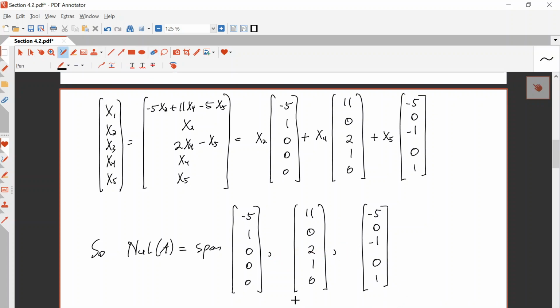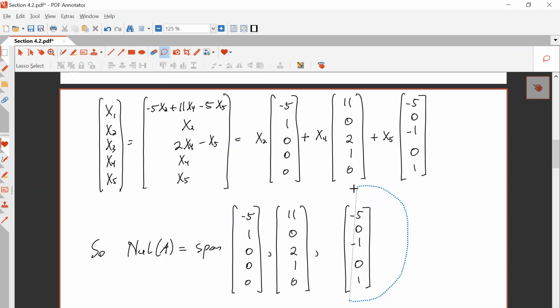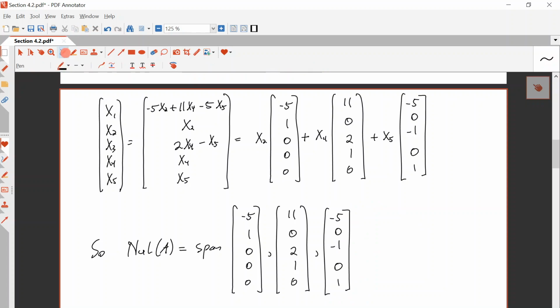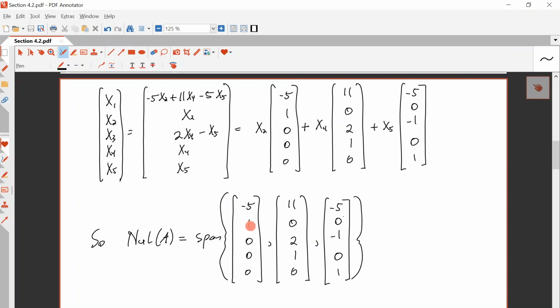If you imagine the matrix consisting of these three columns, you see you have a pivot here, here, and here, which is a pivot in every column. So that means those vectors are linearly independent, and the fact that they always come out that way is because we reduced the matrix A to reduced row echelon form.